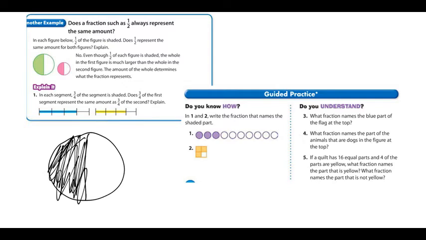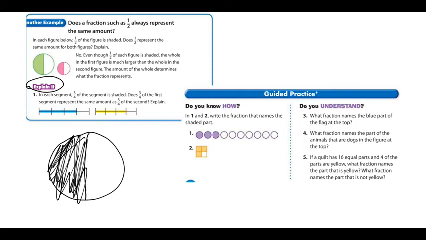Okay, so the other way to see it as well, it says in the explain it part, in each segment 3/4 of the segment is shaded. Does 3/4 of the first segment represent the same amount as 3/4 of the second? So think about that for a second. Take a look at this number line or segment and take a look at this one. Can you tell that the blue ones are a little bit bigger and the yellow ones are smaller than the blue ones?